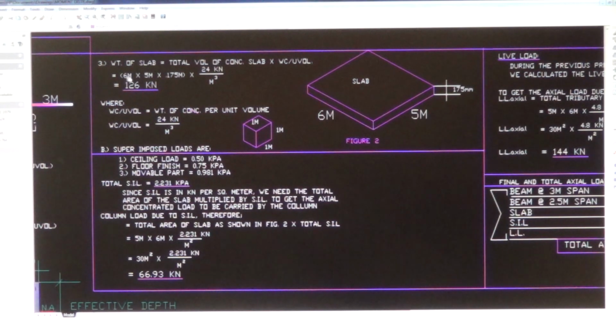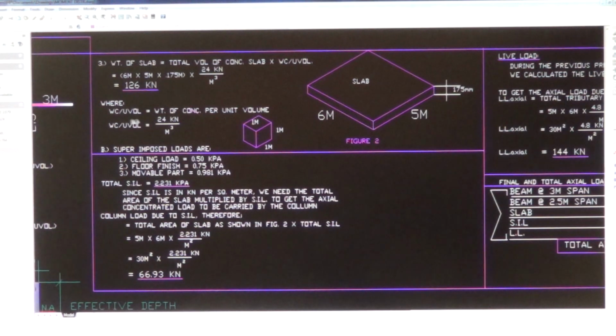Meter cube cancels. The weight of slab now is the magnitude of the concentrated load, the total load of the slab. That's not a uniformly distributed load, it's the total. It's 126 kilonewton. It's a concentrated load.